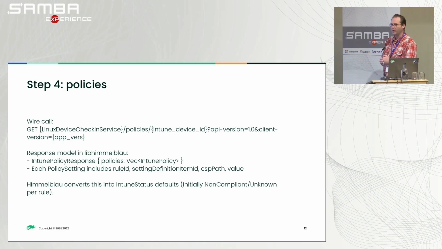It's the policies that we have to apply for the device to be compliant. Internally we convert this to a status response, which you'll see a little bit later. The idea is we store that policy information, and then we'll step through it and ensure that all of those policies are being enforced. This call, by the way, is much like the beginning of a GP update in Active Directory.